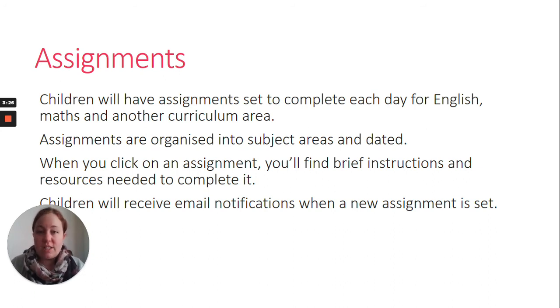Assignments are organised in the Google Classroom into subject areas, and they're also dated, and you can see when each assignment is due to be completed as well. When you click onto an assignment, you'll find instructions that the teachers have written, and all of the resources needed to complete that assignment will be attached to it as well. Children get emails onto their school email address when new assignments are set by the teacher, so they won't miss out on any important learning.